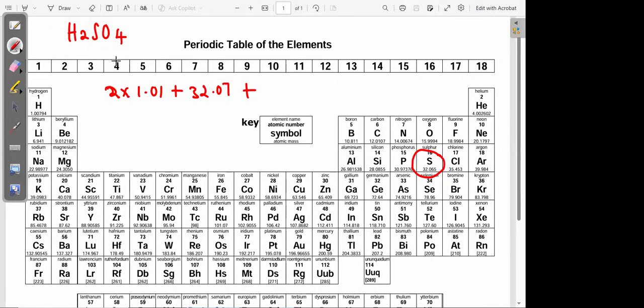32.07, plus the molar mass of oxygen has a 4 multiplied by 16.00. So 2 multiplied by 1.01 plus 32.07 plus 4 multiplied by 16.00 will give me 98.01 grams per mole.